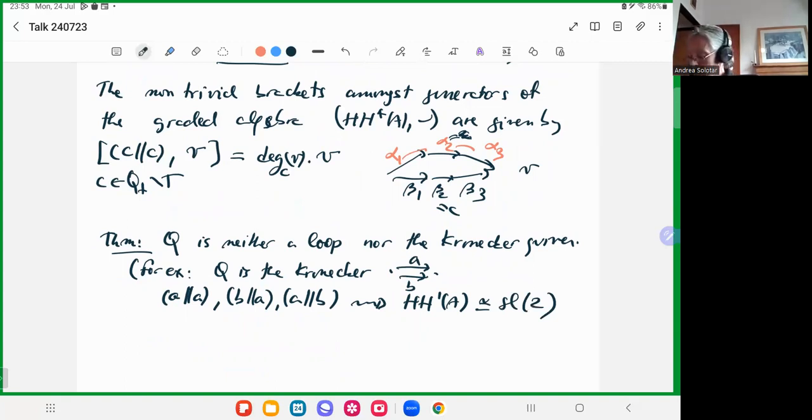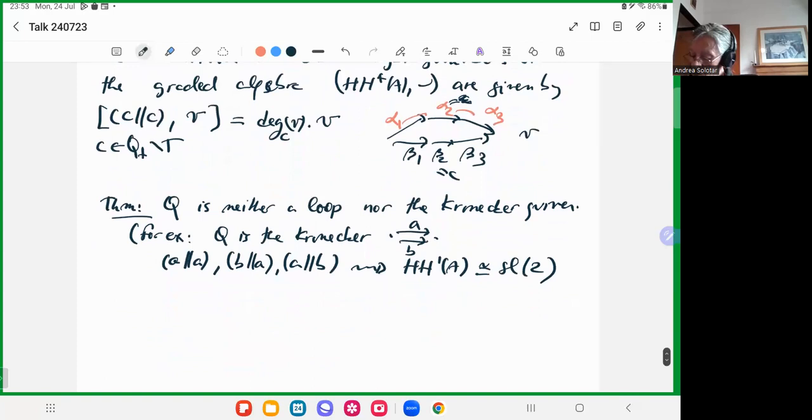Because of the computation of the brackets. So this is a case we are excluding here.